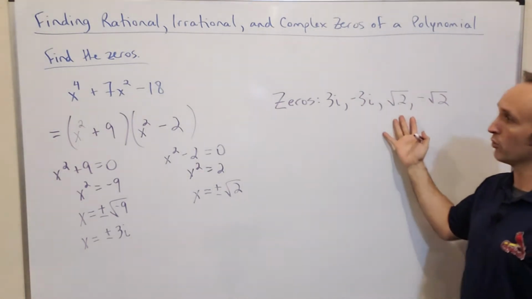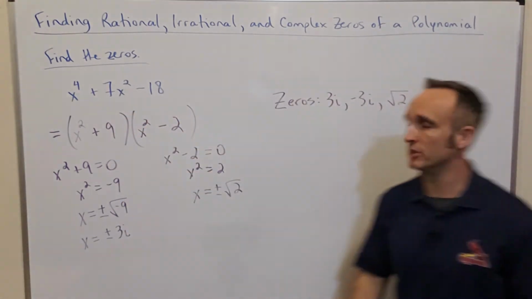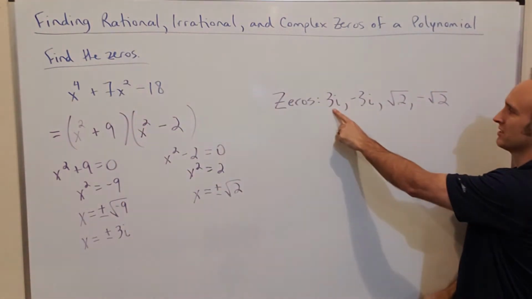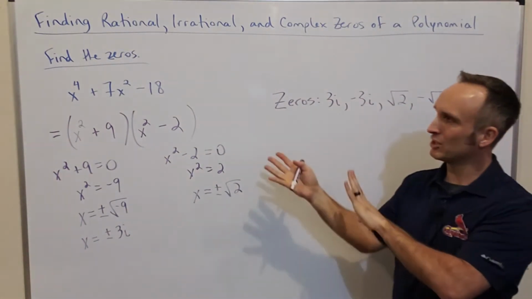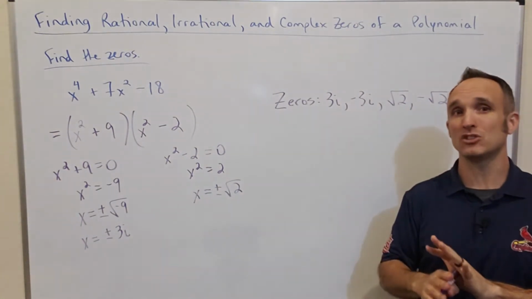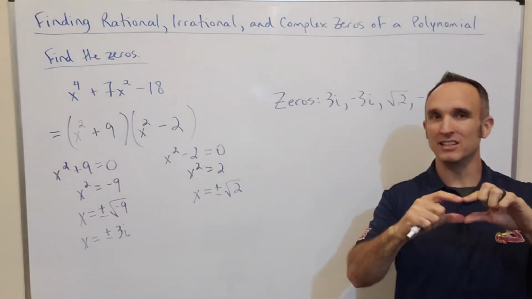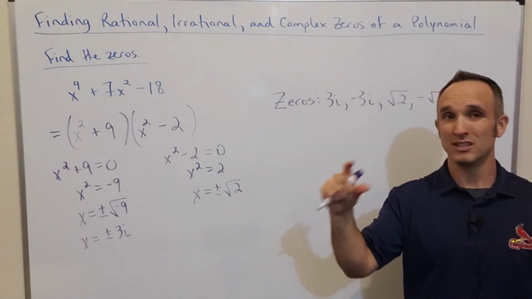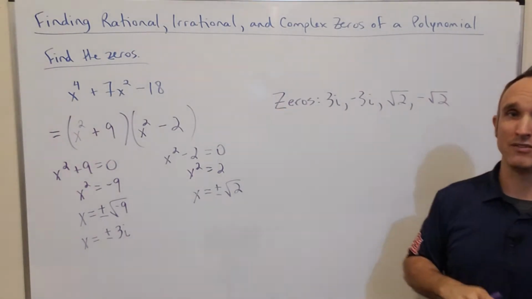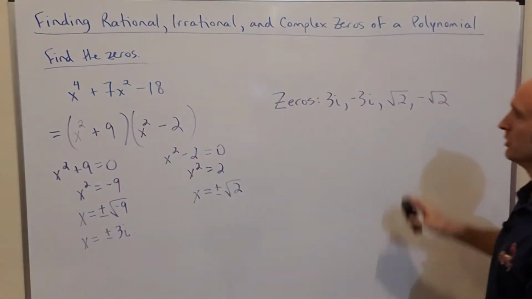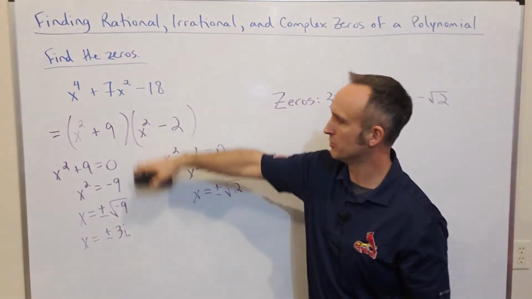So these are the 4 zeros of this quartic polynomial, 2 of which are complex, 2 of which are irrational. So you can see that this particular polynomial does not have any rational zeros. So if you made a list of potential rational zeros, there would be numbers on that list, but none of them would actually be zeros of this polynomial. So the only way you could find the zeros is to do something like this.